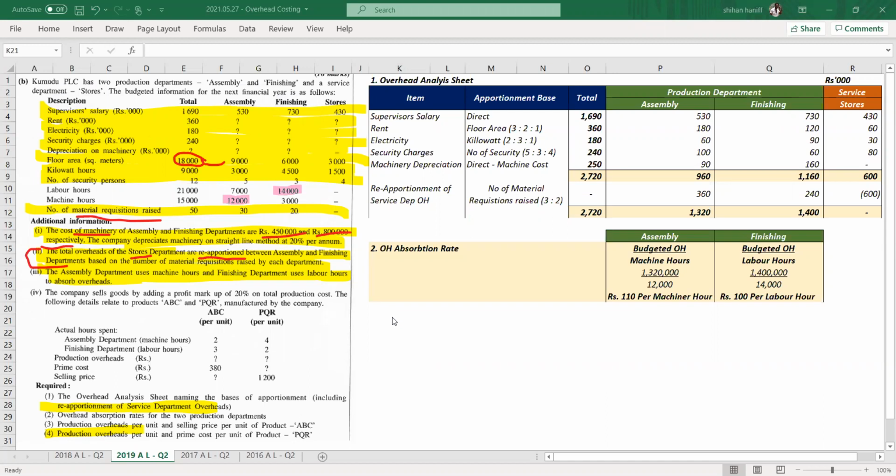In the third point, calculate the production overheads per unit and the selling price per unit of product ABC. They're asking us to calculate production overhead.